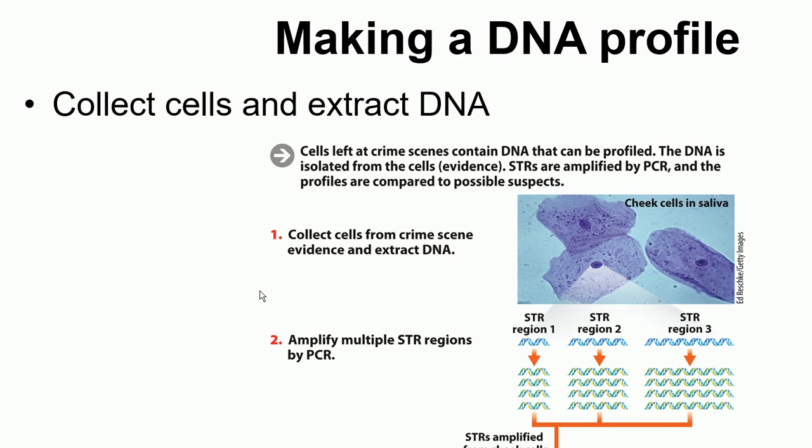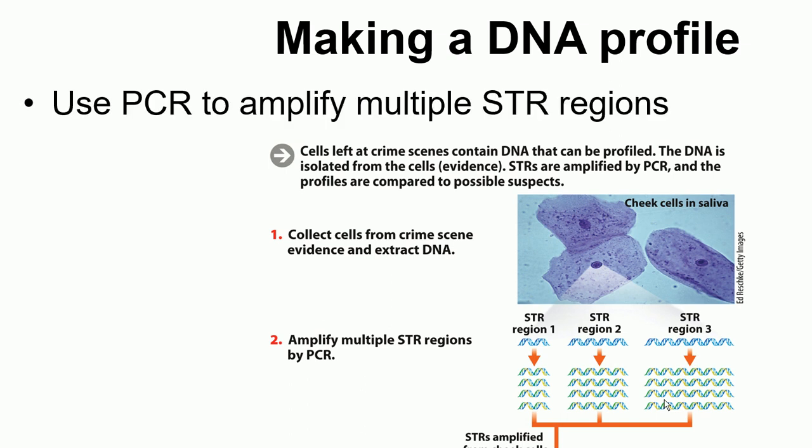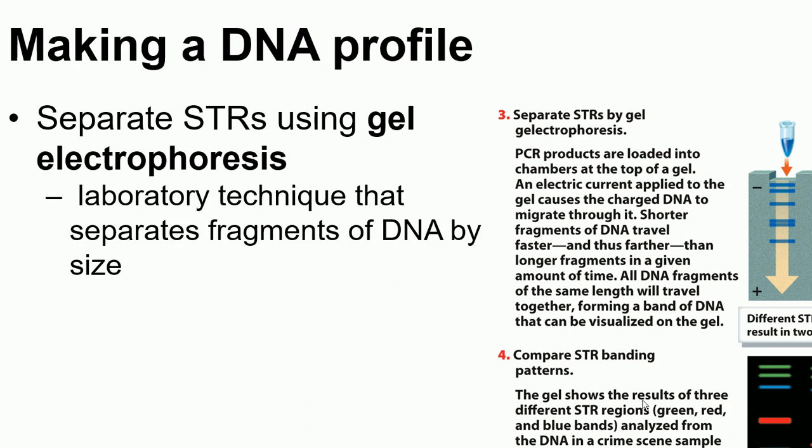You can see this is the STR from region number 1, this is the STR from region number 2, this is the STR from region number 3. Then the different samples from different individuals can be run on the DNA gel.